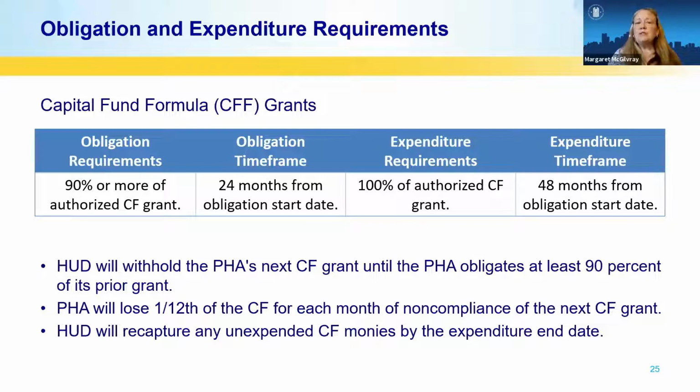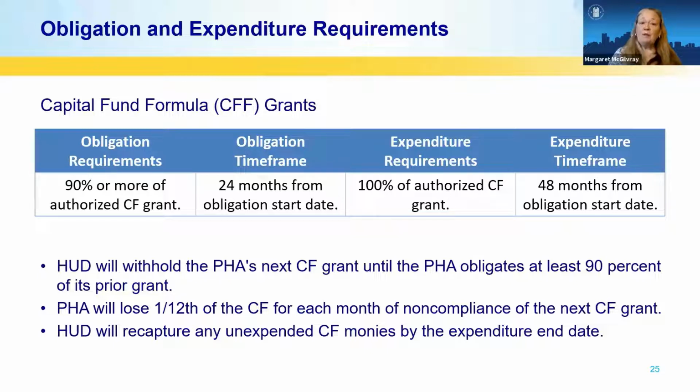There are some specialized competitive grants within the capital funds. I mentioned some of them earlier, such as emergency and disaster, that have shorter time frames, but I'm not going to get into those here. When a PHA fails to comply with the obligation and expenditure deadlines, the statute and the regulations require that HUD withhold the PHA's next capital fund grant until the PHA obligates at least 90% of that past grant.